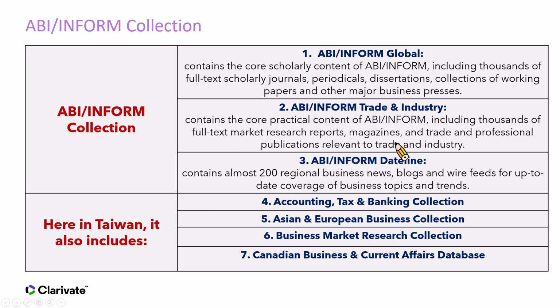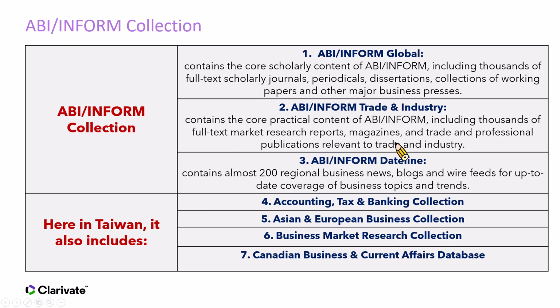These three databases make up the so-called ABI/INFORM Collection. Every time someone talks about ABI/INFORM Collection, they are talking about these three databases. But in Taiwan, we package other business databases into the so-called Taiwan ABI/INFORM Collection.